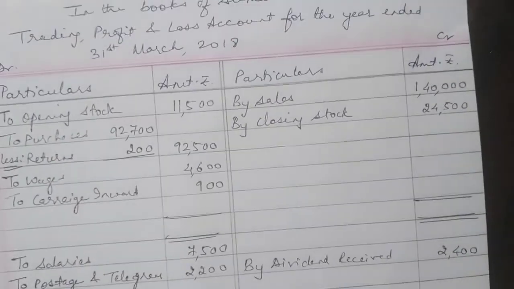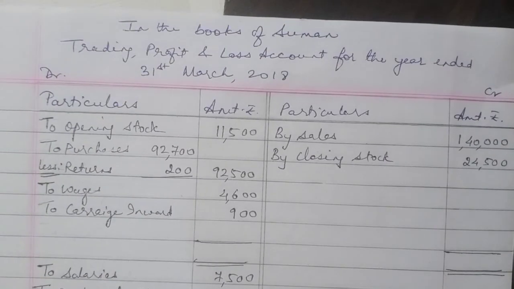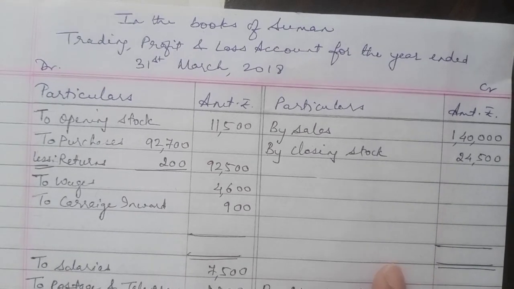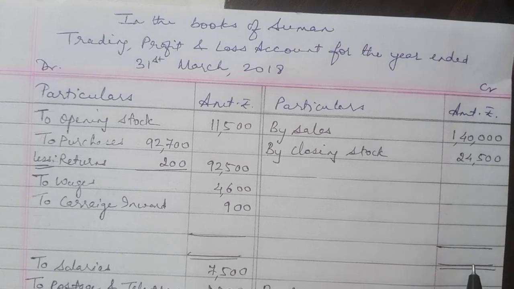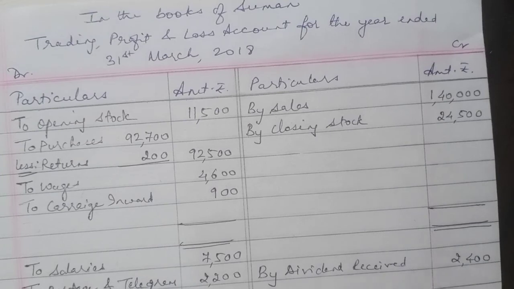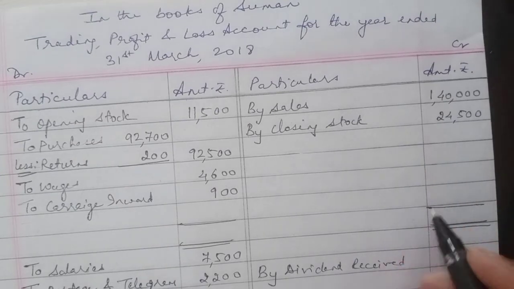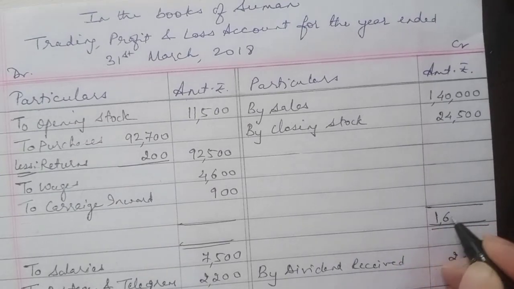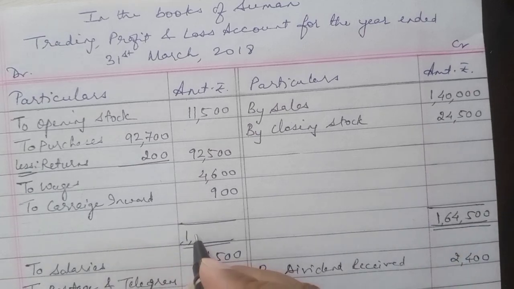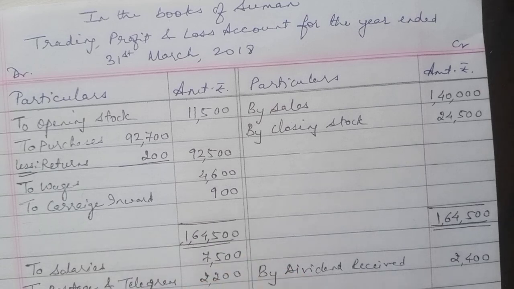Now we will find out the gross profit from the trial balance. For that we'll have to take the totals of both the sides, debit side as well as credit side. The total whichever is greater will be written on both sides. Now here we can see that the credit side is greater. So credit side total is rupees 1,64,500. That same total will be written on the debit side also, 1,64,500.